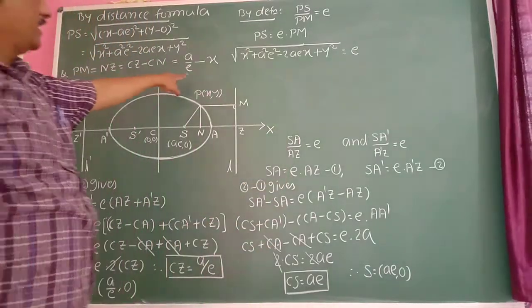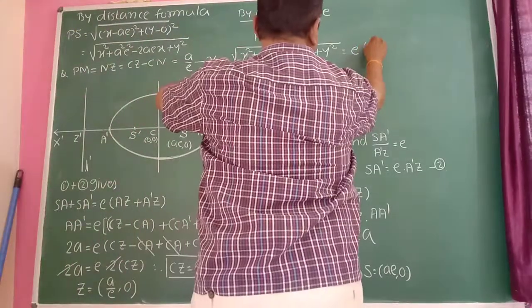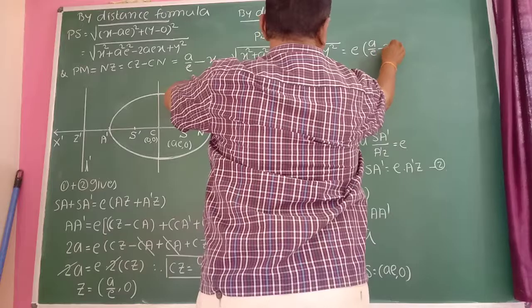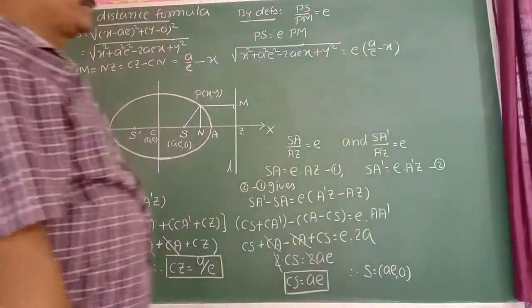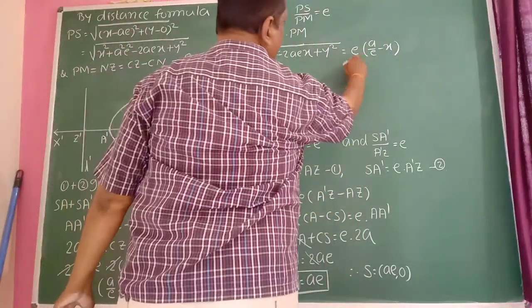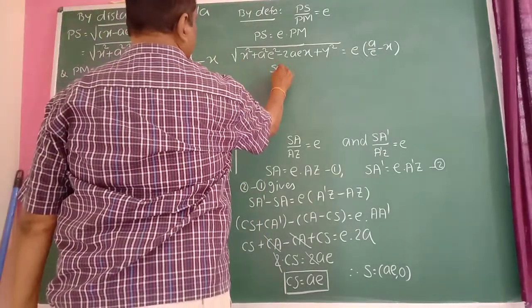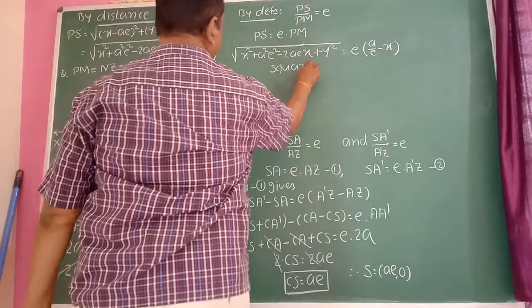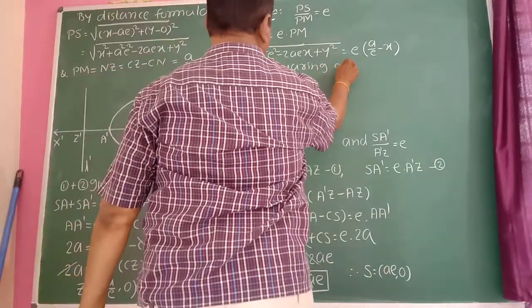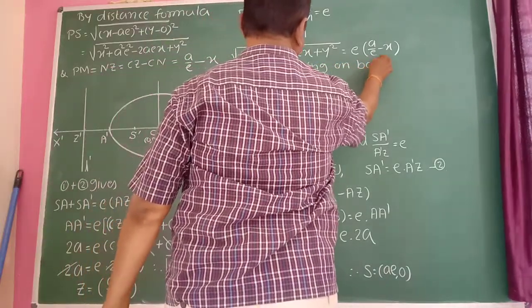PM is a upon e minus x. So e into (a divided by e minus x). Then take this e inside the bracket and square on both sides.